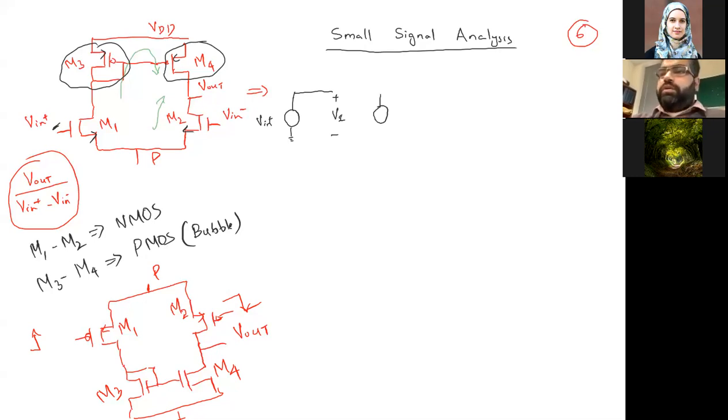We can say this is V1. Then a current controlled source gm1 V1, and then this is going to be ro1. So this is this part. And then if we want to move forward, M2 will have ro2. And this is the same point P. It's not a ground. Just make sure this is not a ground part.